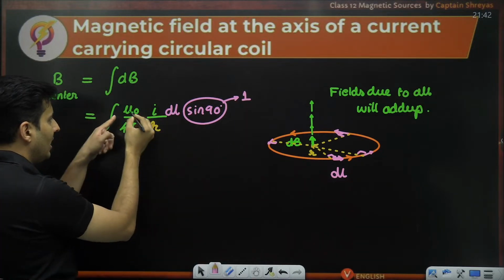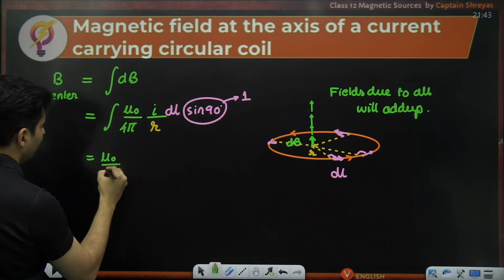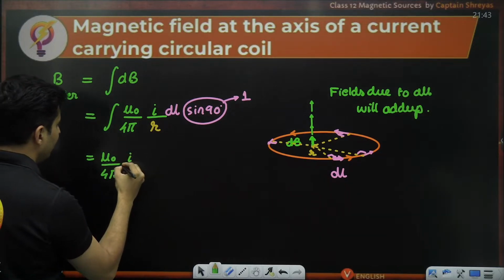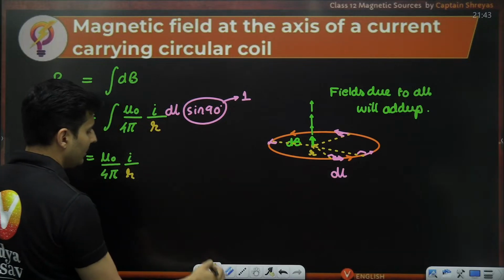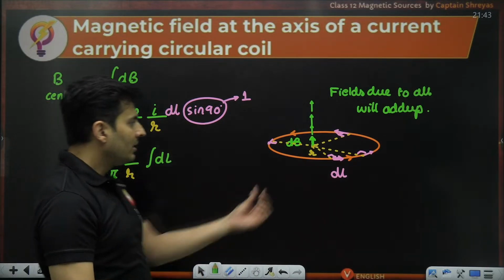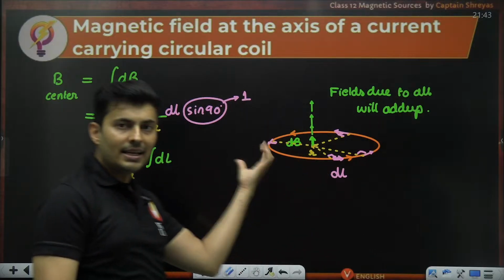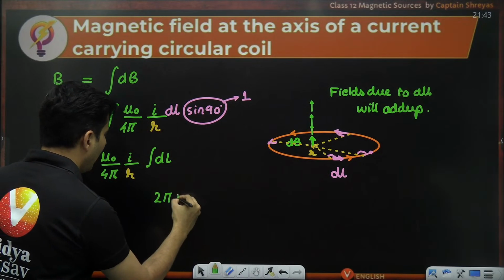Sine of 90, we all know, is the number 1. I is a constant, r is a constant, mu naught by 4 pi, everything is a constant. So mu naught by 4 pi comes outside with the current, and r also, being the radius. Only thing left inside is dl, the small length. If I integrate it, it will be nothing but the perimeter, which is 2 pi r.